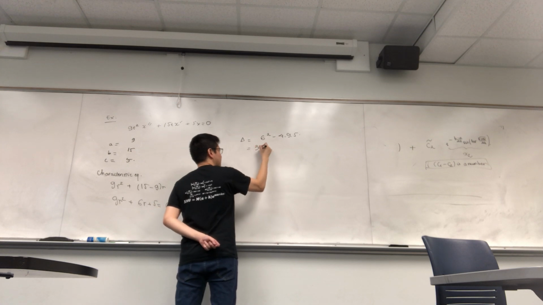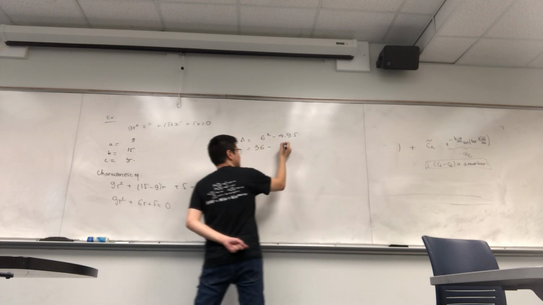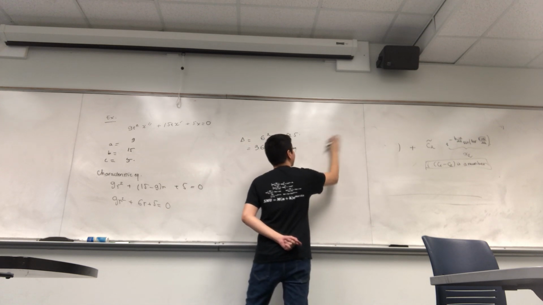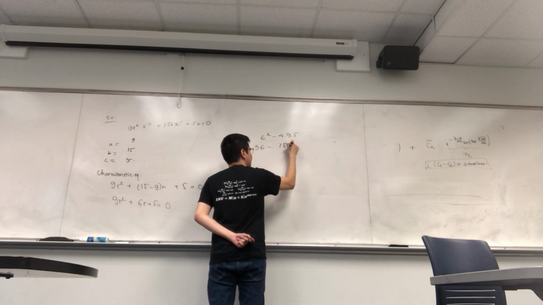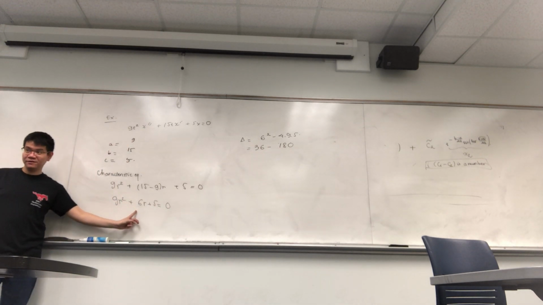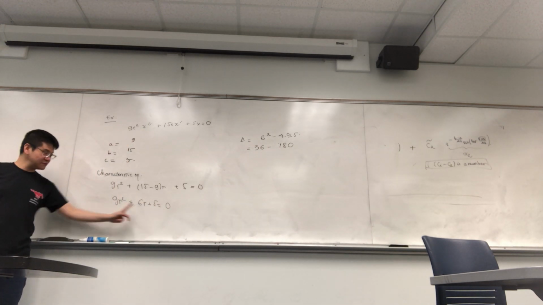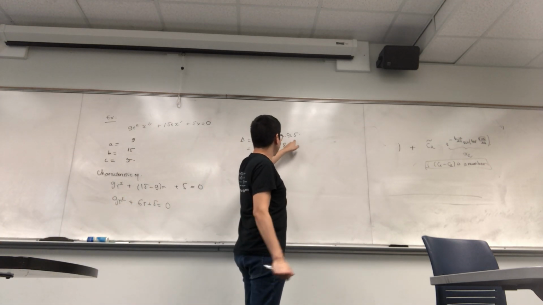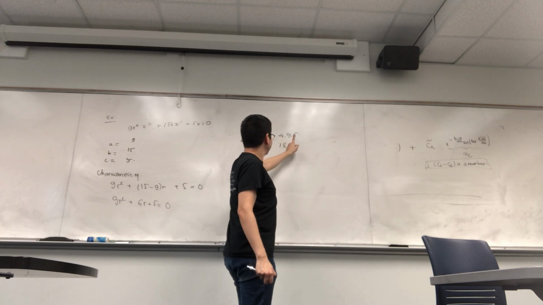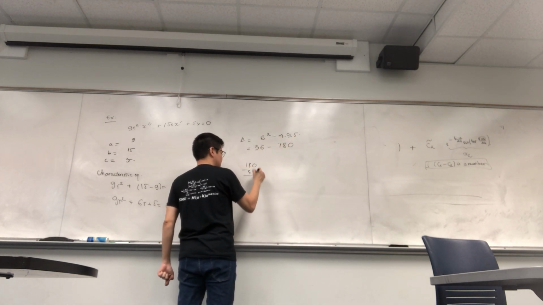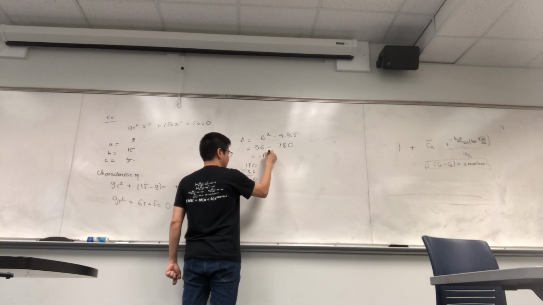So the delta will be this guy squared minus 4 times the first and the third guys. So this is 6 squared minus 4 times 9 times 5. So this is 36 minus 180, which is minus 144.